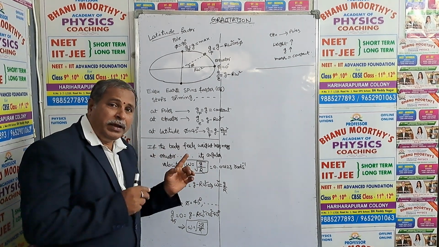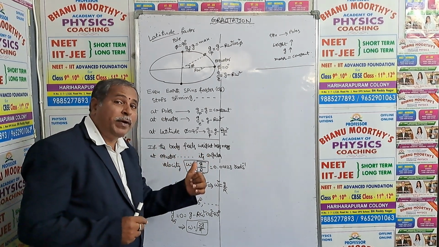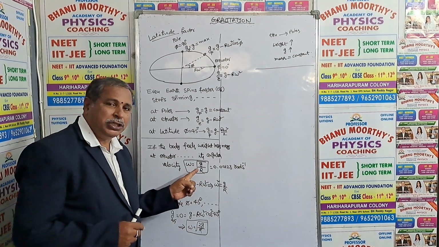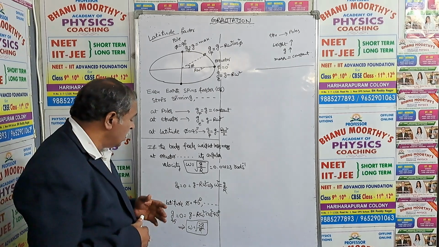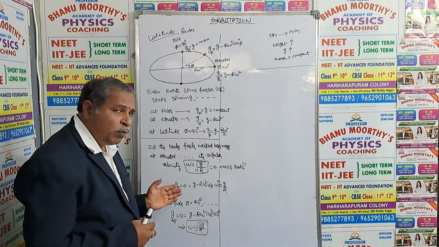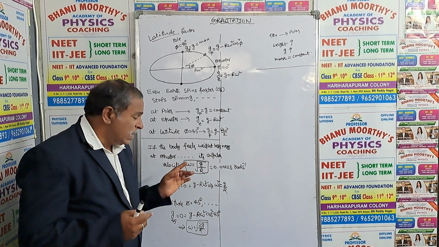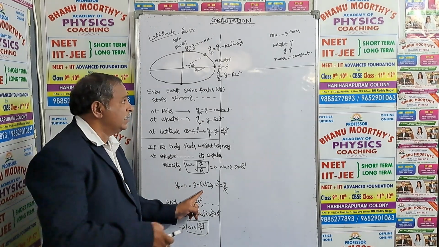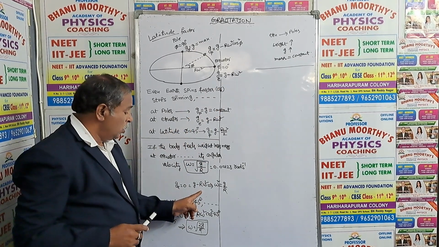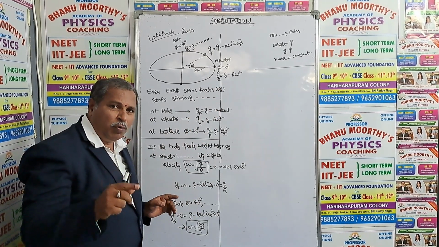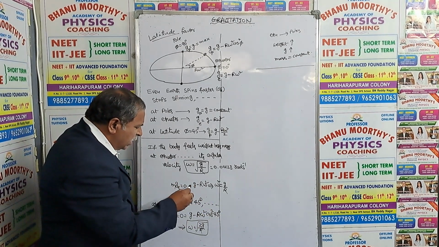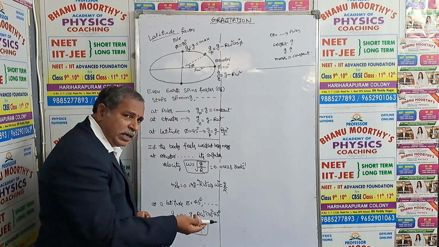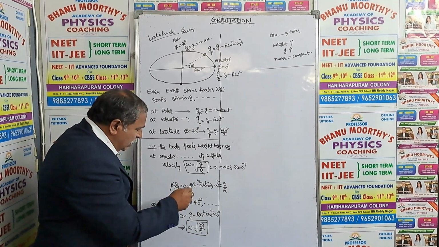So if the body feels weightlessness at the equator, angular velocity becomes root g by r. How can you get this value? The equator formula is selected. Here the g_e value becomes 0. Weight becomes 0, meaning mg. You can put mg here and m r omega square here, so m gets cancelled.